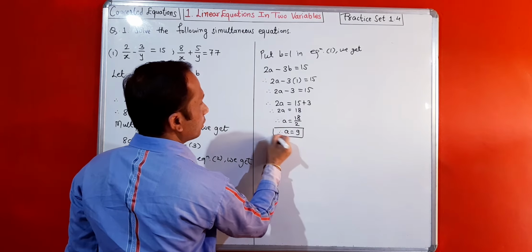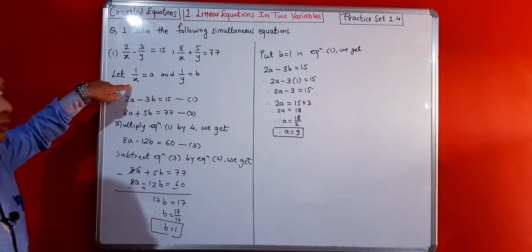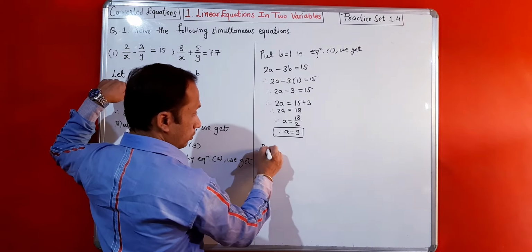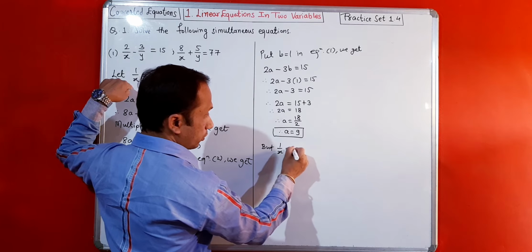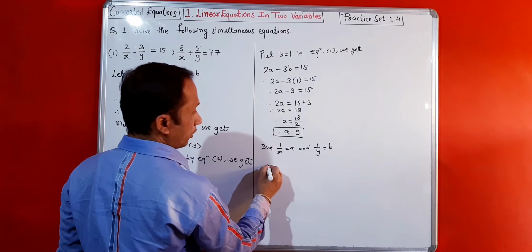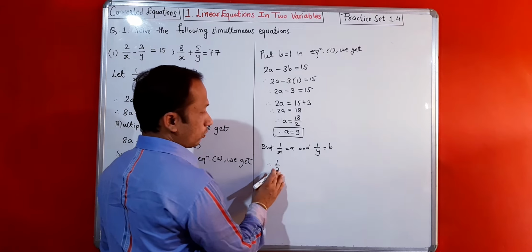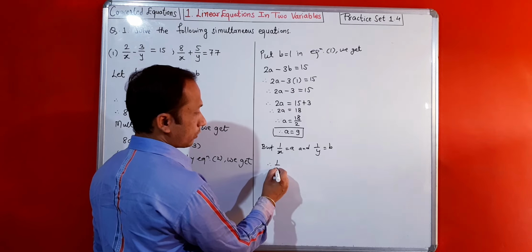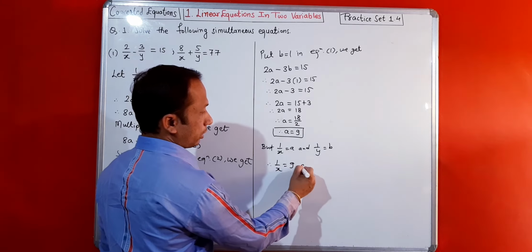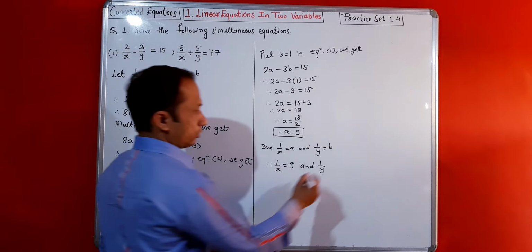But what we have considered is 1 upon x is equal to a and 1 upon y is equal to b. Therefore, since a is equal to 9, 1 upon x is equal to 9, and since b is 1, 1 upon y is equal to 1.